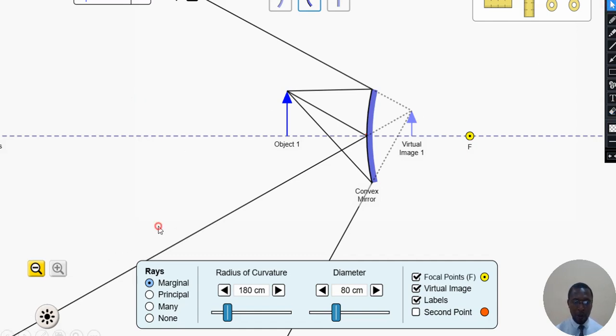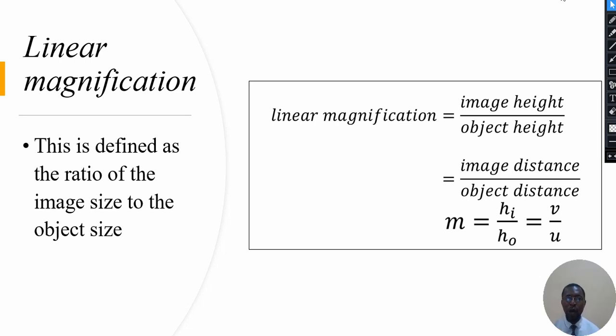So moving forward, we'll be looking at linear magnification of image. Having known that images have different characteristics, there is a need for us to also know how to determine the character of the image, especially whether it is magnified or diminished. So here is the formula for determining this.